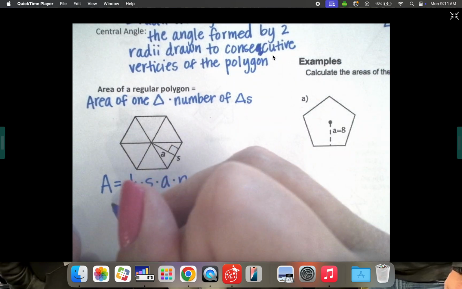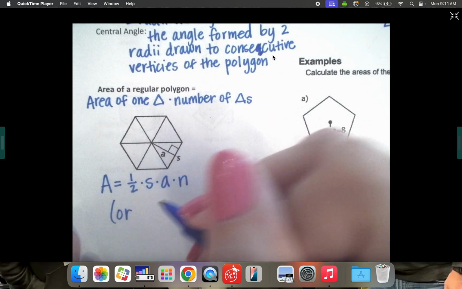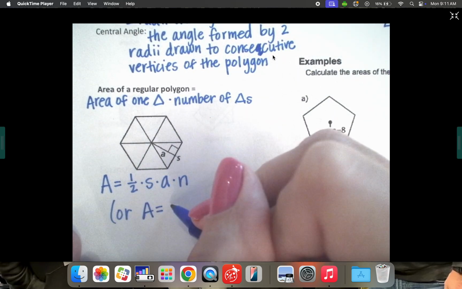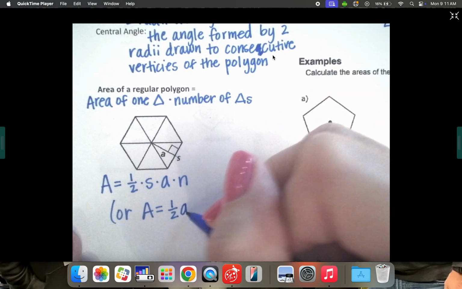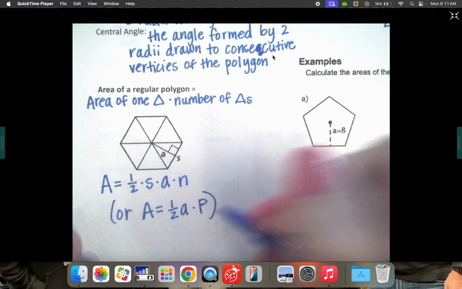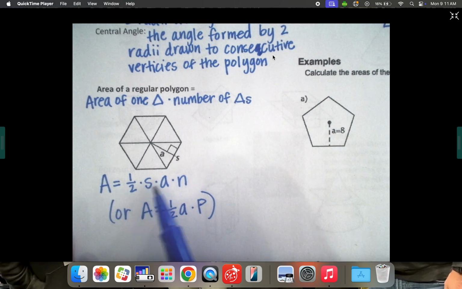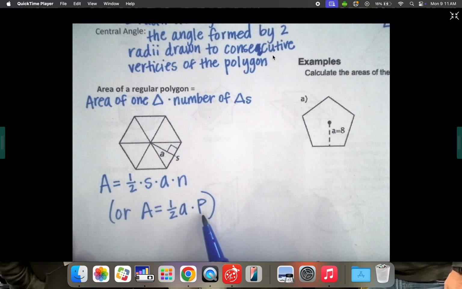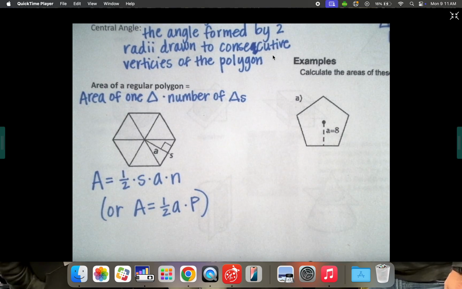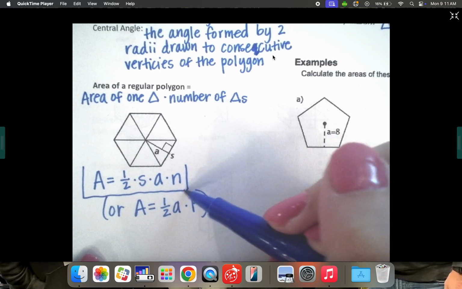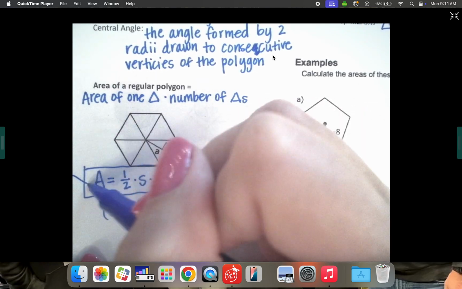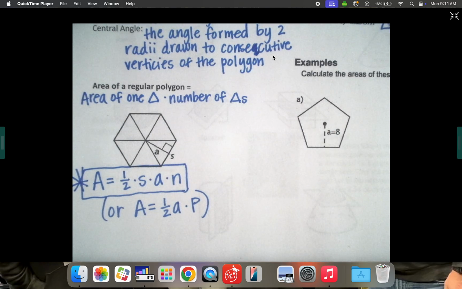So I've also seen it written like this: half of the apothem times the capital P, which is perimeter. I probably won't use this very often. I'll probably use S and N because that's side length and number of sides, but that's also the same thing as the perimeter. So anyway, I'll probably mostly use this formula for area of any regular polygon.